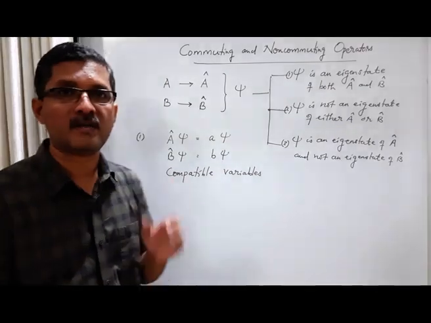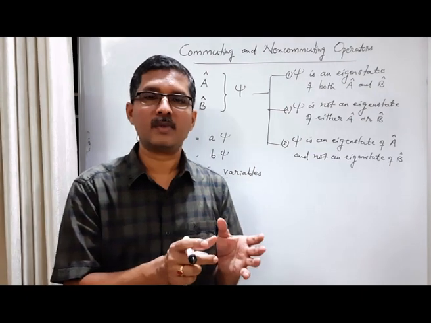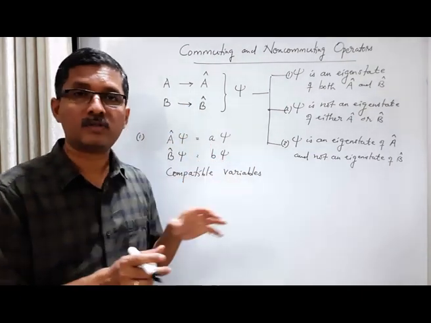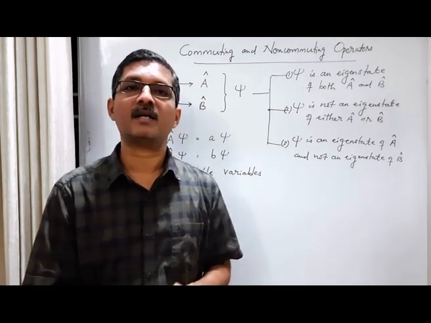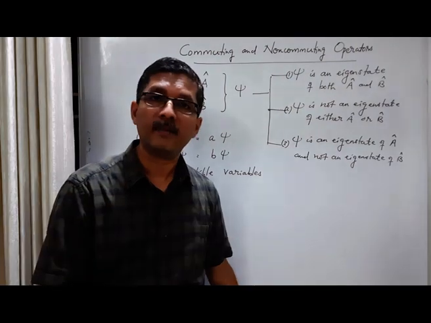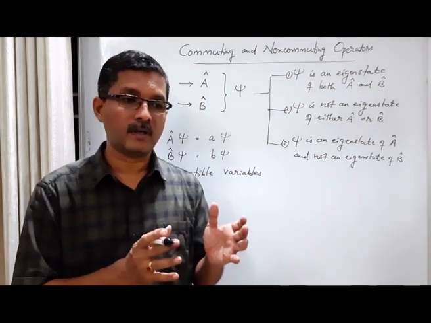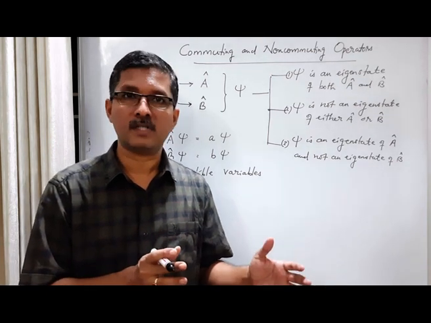Let us think about the situation. First we measure A. Then we get the eigenvalue small a. What about the state immediately after the measurement? Remember that the state psi is an eigenstate of the operator A. If we make a measurement in an eigenstate of the operator, the state will not change.